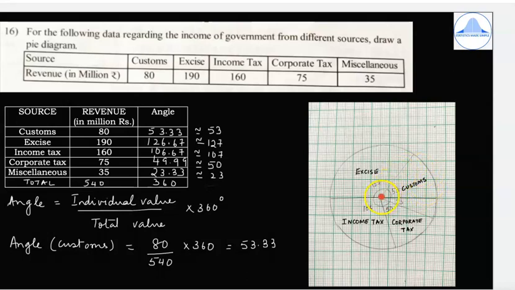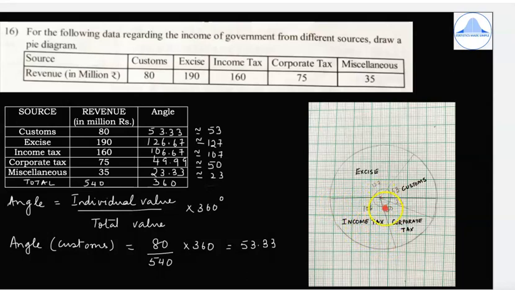Next, you have to place the protractor on this straight line and then mark the next angle as 127 and write within that particular sector the term as excise. Next, keep the protractor on this horizontal line, and then mark the angle 106 degrees and within this sector write income tax.